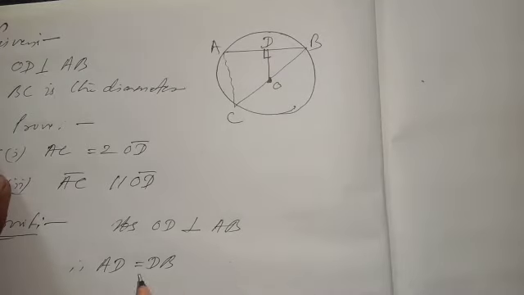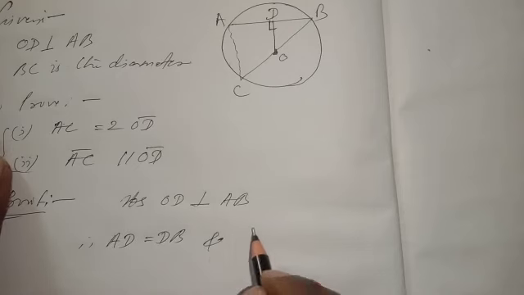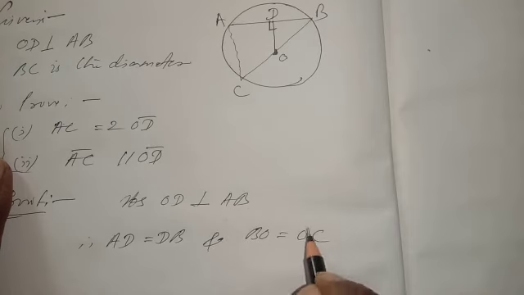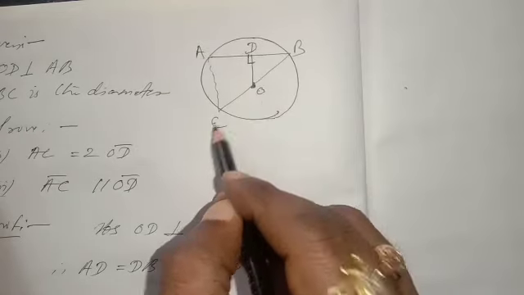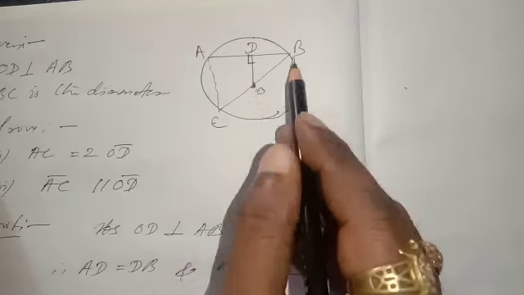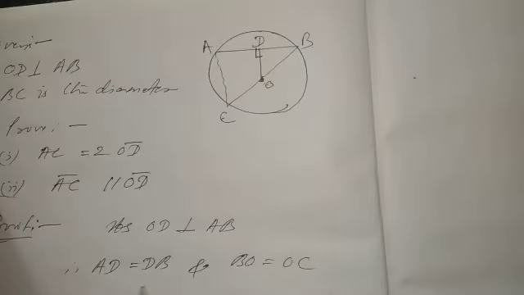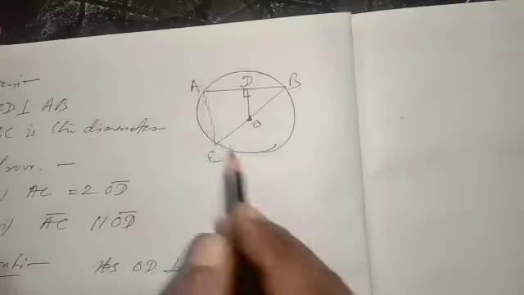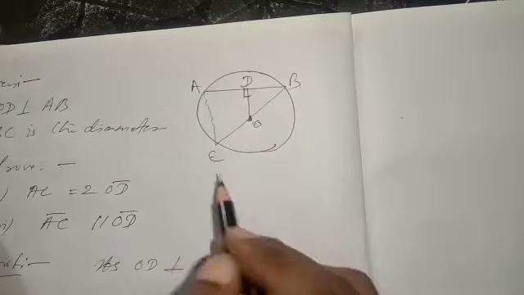And BO is equal to OC, because O is the center of the circle and BC diameter. So now in the triangle ABC, D and O are the midpoints of AB and BC.